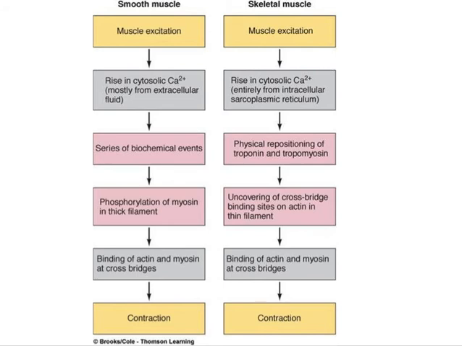Main aspects of comparison between smooth and skeletal muscle contraction are listed here, as you can see. Smooth muscles show slow cycling of myosin cross bridges and low energy requirement.